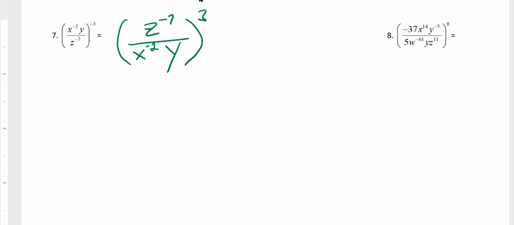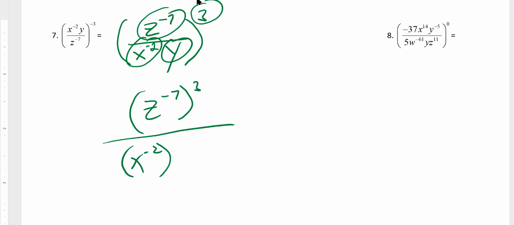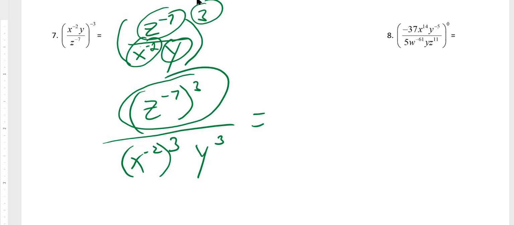Then I'm going to use the rule I told you about, which is I can put the power of 3 on each one of these things. So that's going to become z to the negative 7 to the 3rd over x to the negative 2 to the 3rd and y to the 3rd. Over here, I'm going to use the rule that we used just recently.